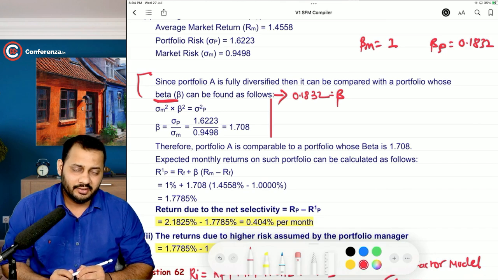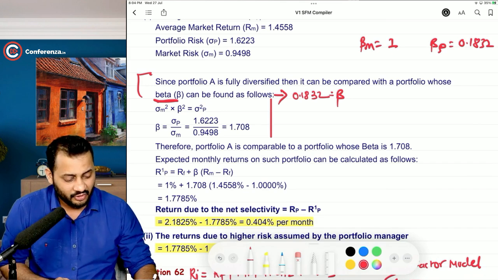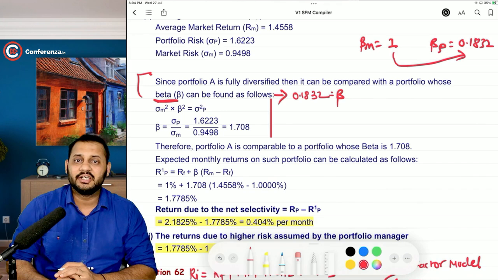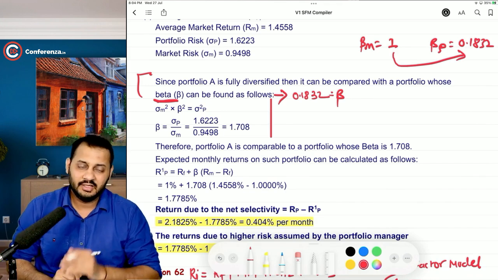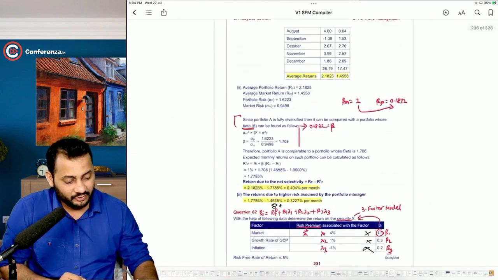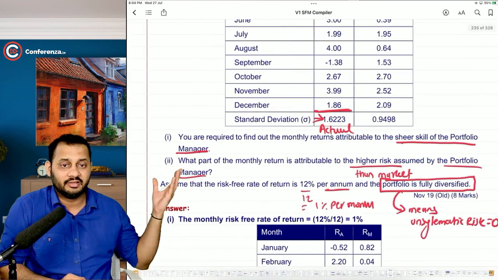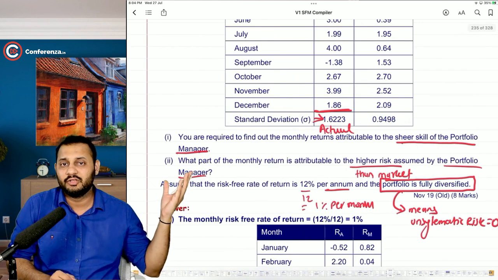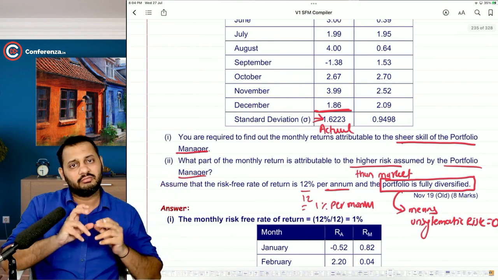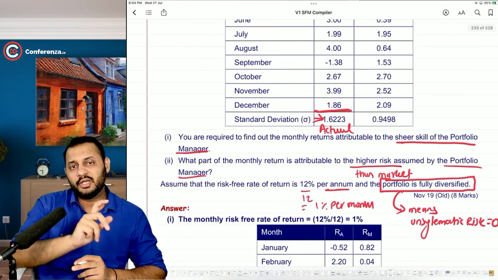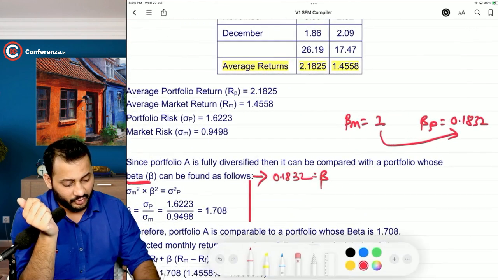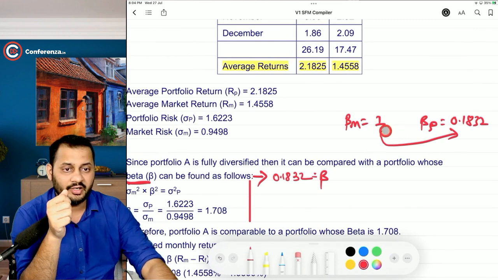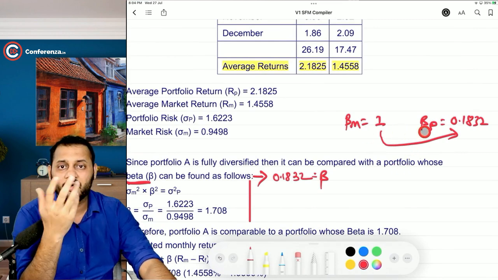It is very clear from these figures that we are not taking higher risk by investing in the portfolio. And if we are not taking higher risk, why is the question asking us to find out the return for the higher risk assumed by the portfolio manager? So now it becomes an ambiguous question, whether we really want to go with this 0.1832 beta or not.